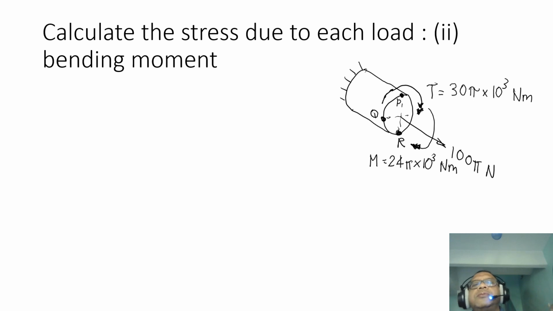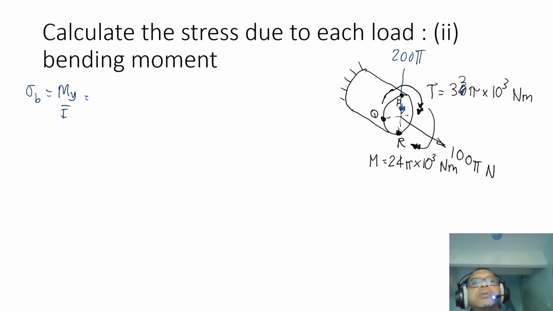So the load due to the bending moment, I have to put here 200 pi. I always forget this 200 pi is acting here. So bending stress is My over I. Let's say this is 32, I'm changing that to 32.